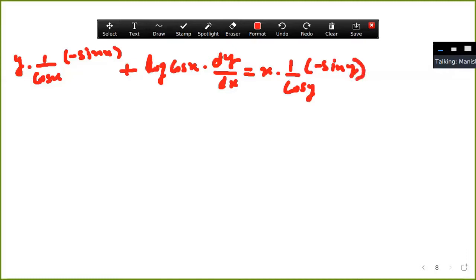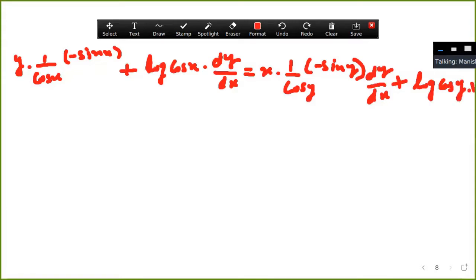Again, it is not x, it is y. It means dy upon dx, plus sign. Now, log cos y as it is, the derivative of x is 1.